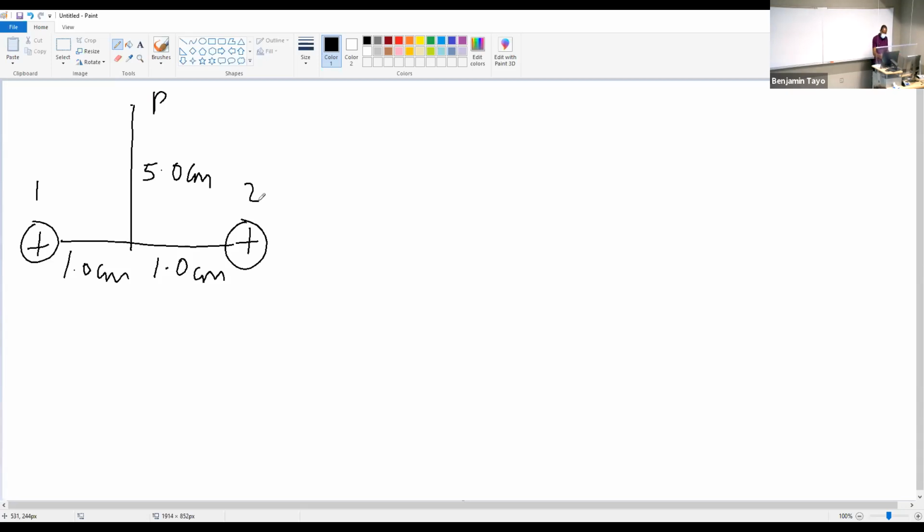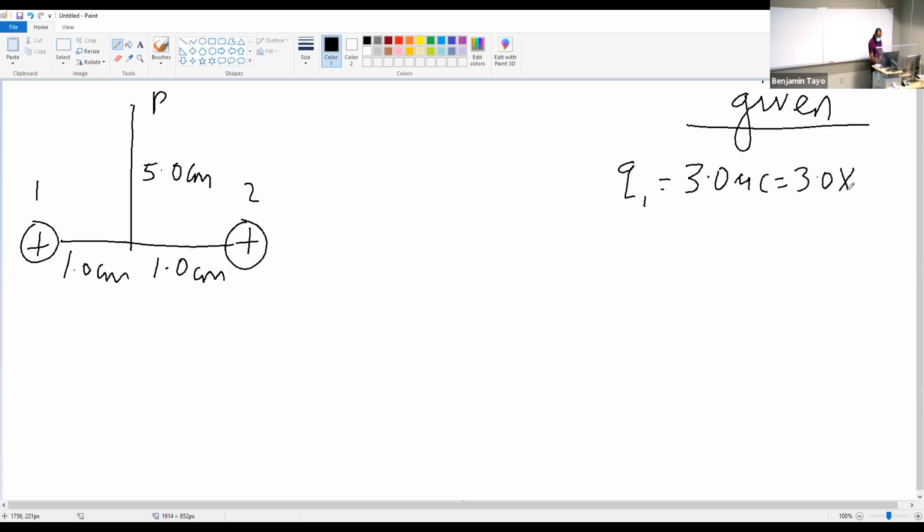Then I'm going to make a table and ask myself what is given in the problem. I know my Q1 is 3.0 microcoulombs, which I can write as 3.0 times 10 to the negative 6 coulomb. Q2 is also 3.0 microcoulombs, or 3.0 times 10 to the negative 6 coulomb.